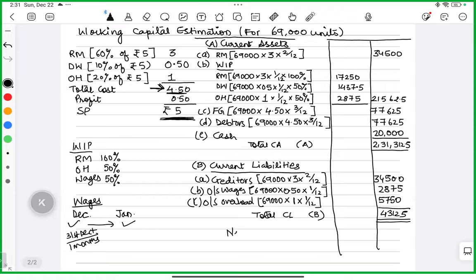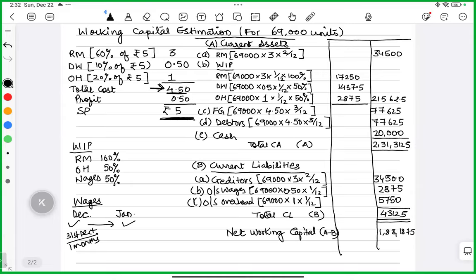What you will get is net working capital, A minus B. Net working capital will be 1,88,187.5. And see the last sentence now.